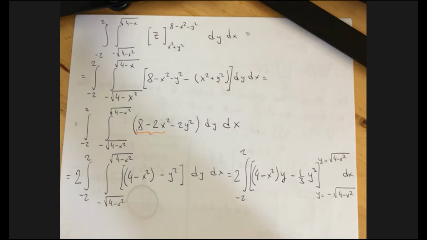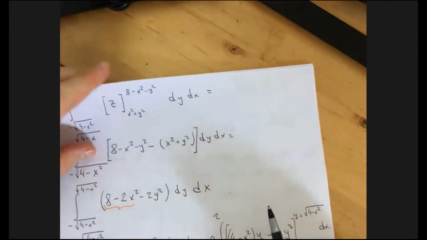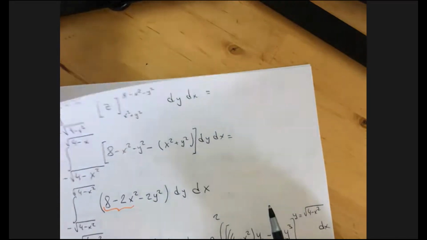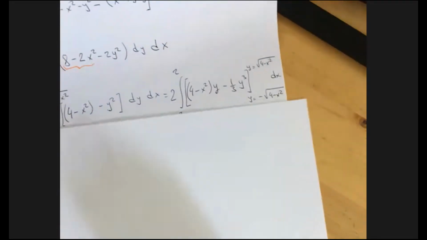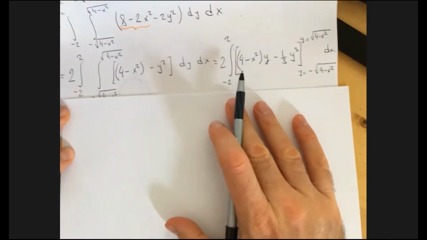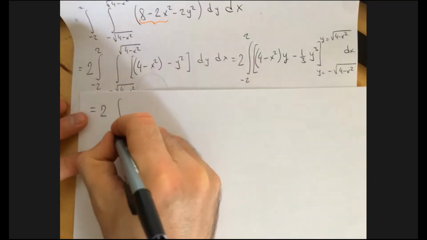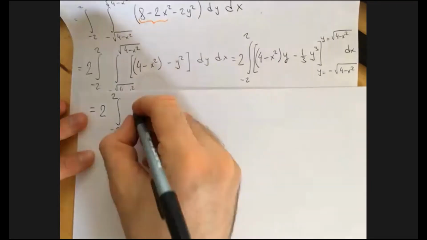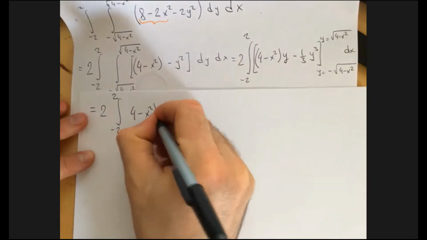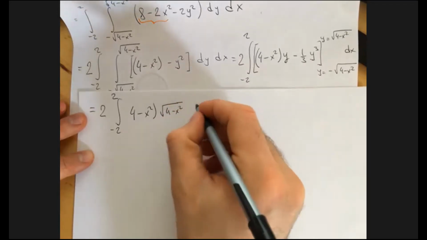Okay. So let's plug these expressions for y. That's 2 times the integral from negative 2 to 2, 4 minus x squared, square root of 4 minus x squared.